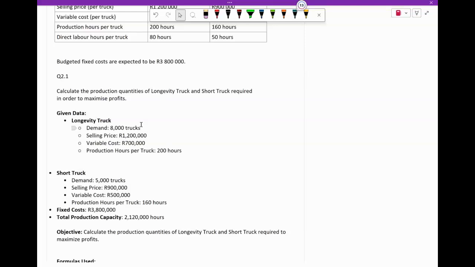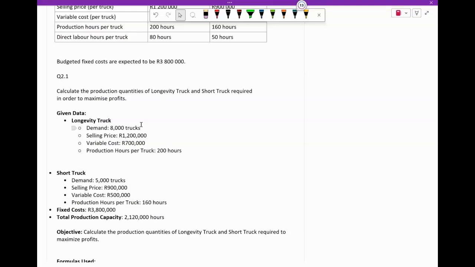So our whole objective is that, and that's going to guide us on the ranking, which one are we going to produce all of, and then if we have remaining production hours, we can then produce the other product, or the other truck in this particular case. So when you see this question, mentally you know this is what I need to do.